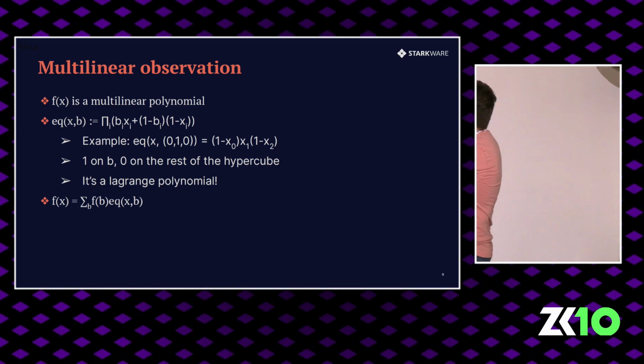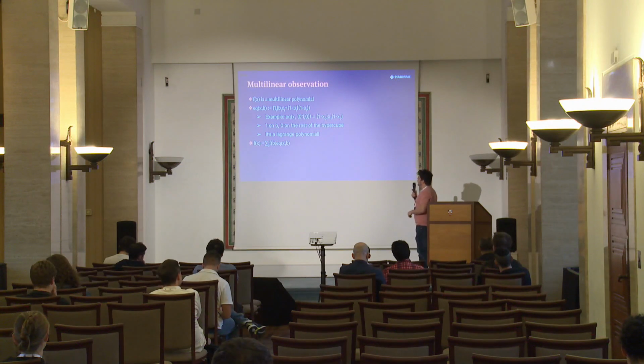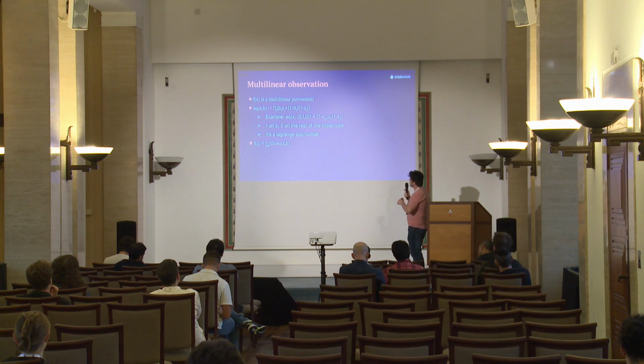So this polynomial is actually the polynomial that gives 1 on b, and 0 everywhere else on the hypercube. Which means it's the Lagrange polynomial.